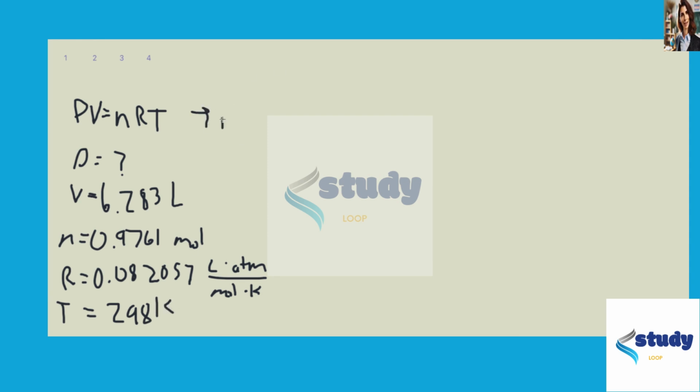And so we rearrange this to solve for P. P equals nRT over V. And when we plug in all of our numbers, we get that our pressure is 3.799 atmospheres.